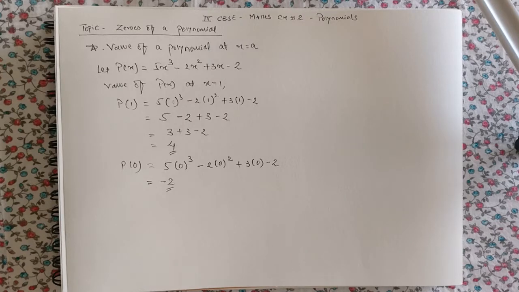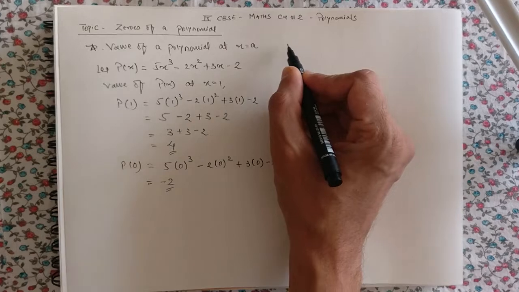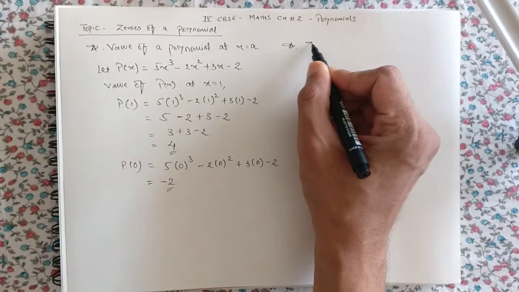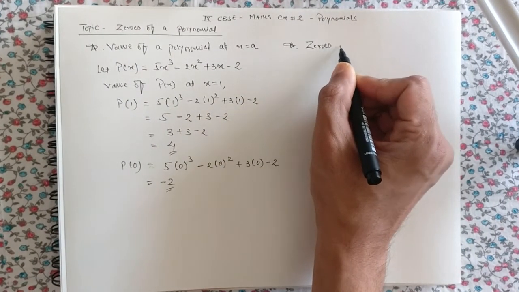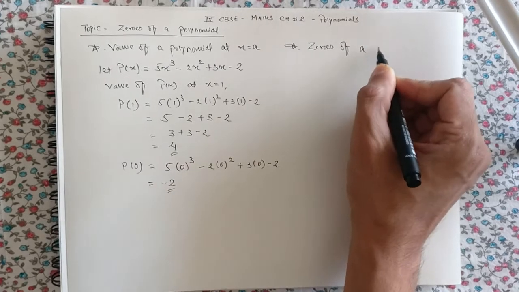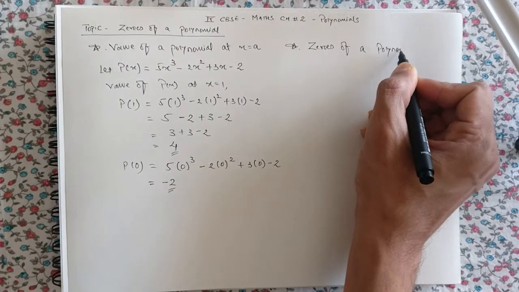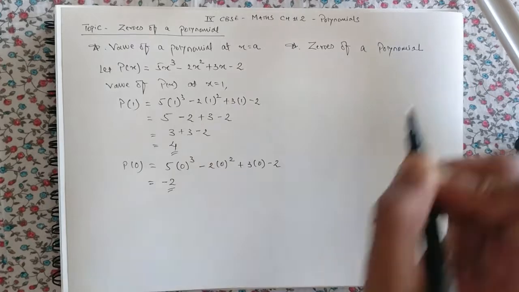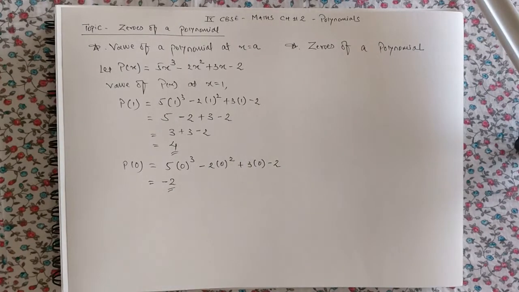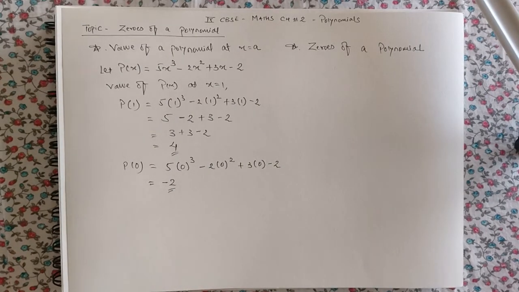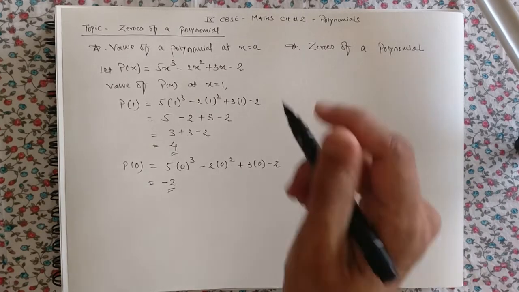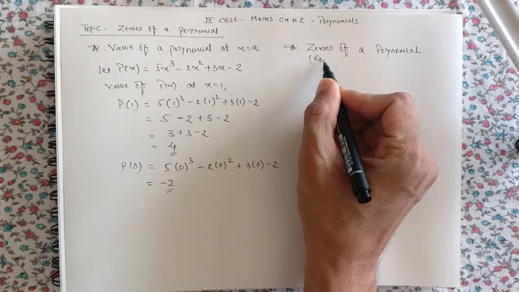Now, what is zeros of a polynomial? That's the next topic. Zeros of a polynomial. A real number a is a zero or root of a polynomial. Zero is also known as root.